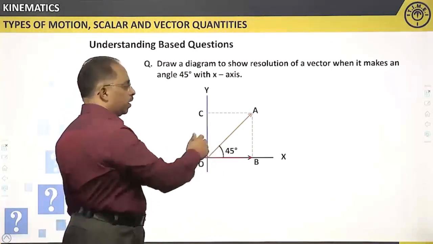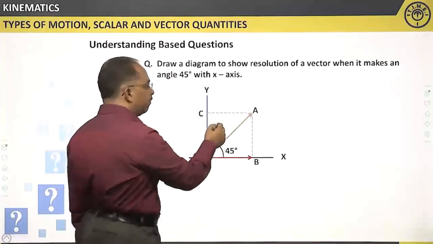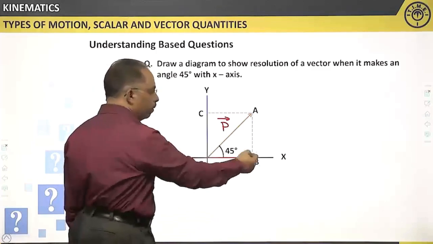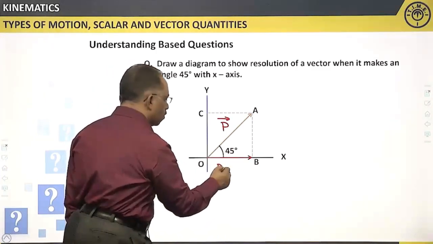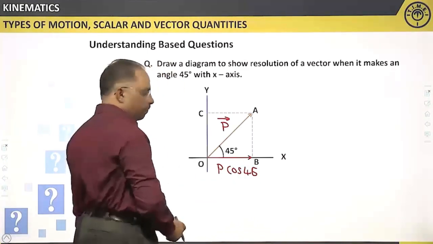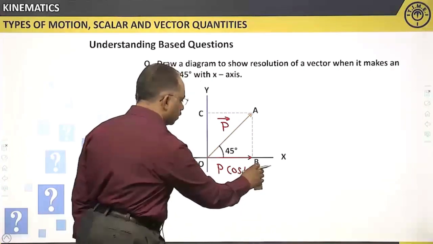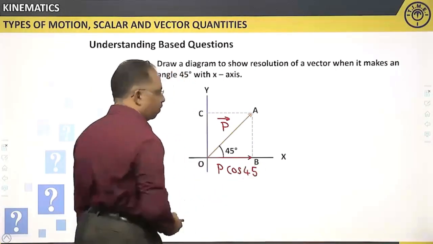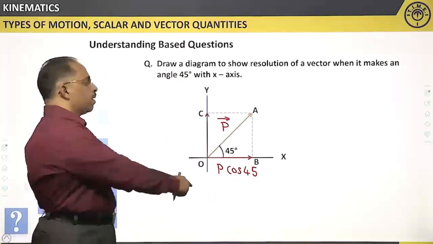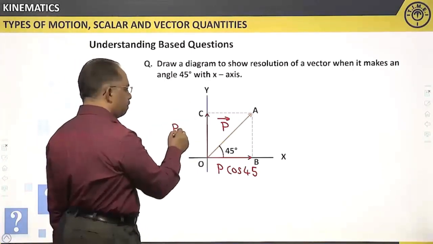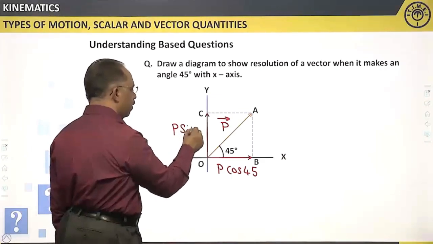So, I will draw a straight line like this. So, what are the components? If I say P is a vector represented by OA, then O to B will be P cos 45. If I take the y component, that is O to C, this will be P sin theta, P sin 45.